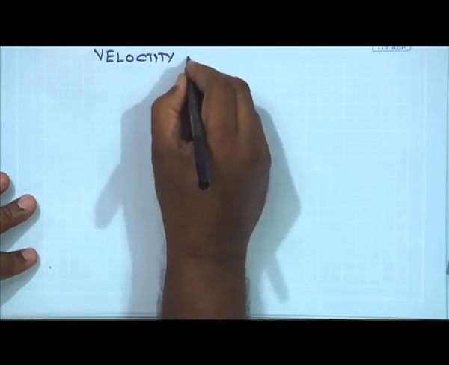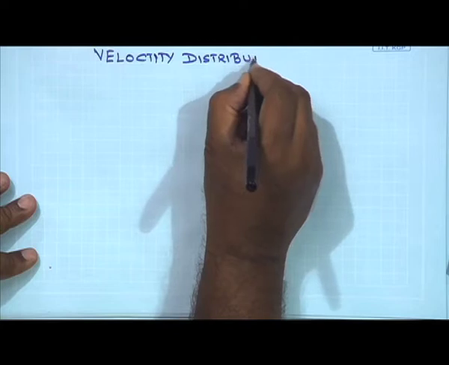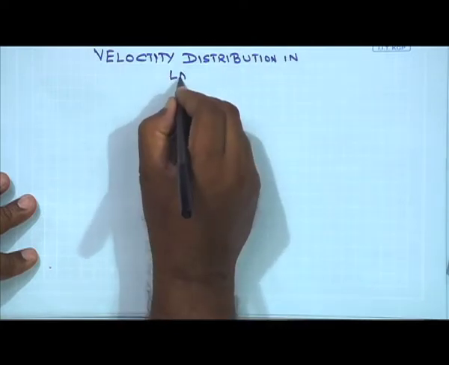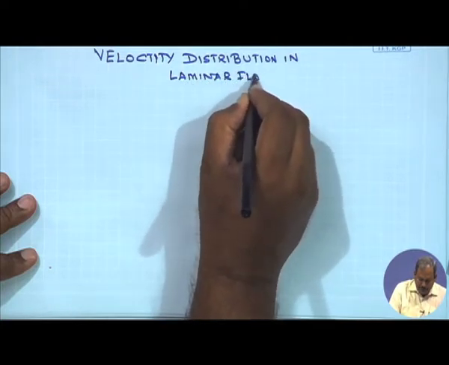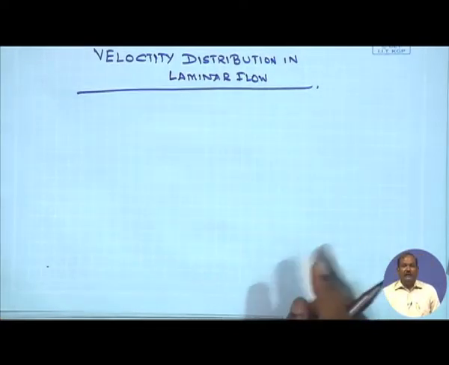But the one that I am going to discuss more in this class is velocity distribution in laminar flow. So, how do we obtain the velocity distribution in a laminar flow?